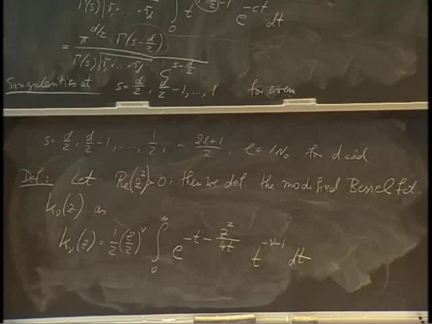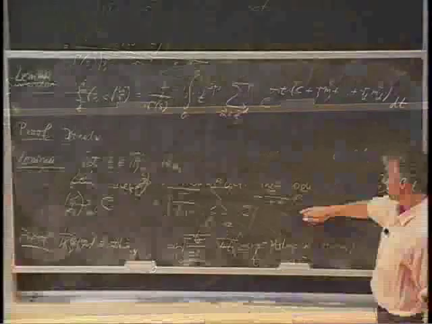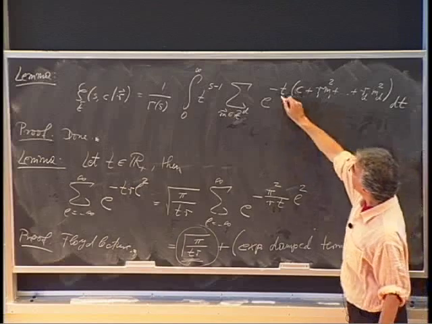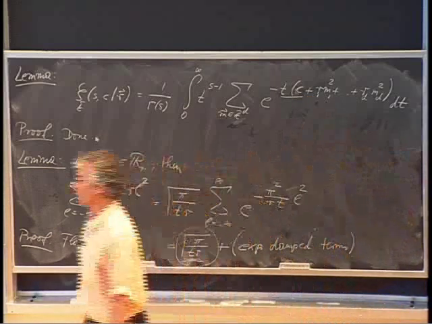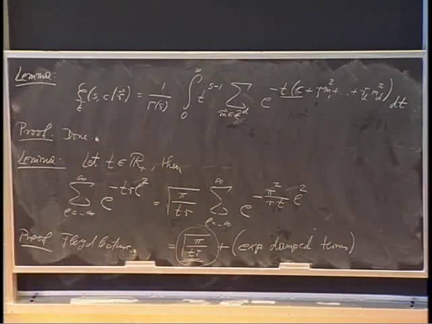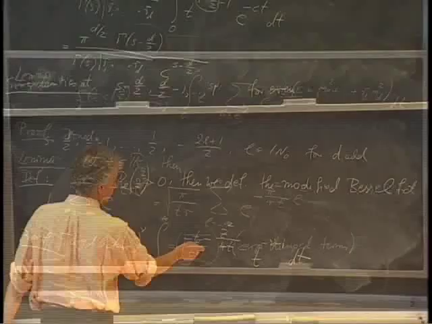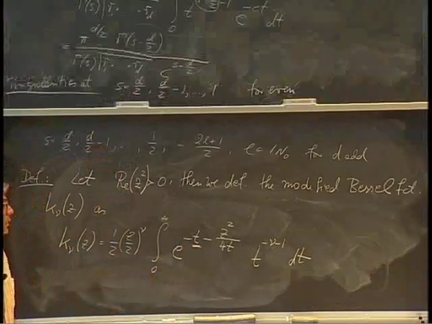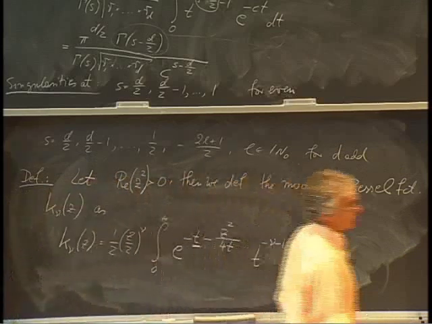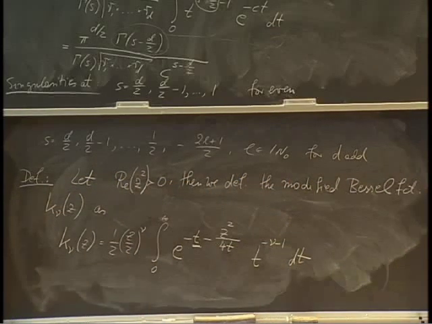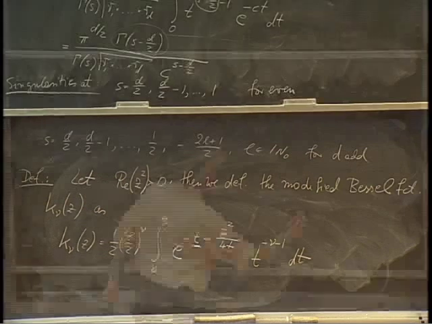Why is that relevant? Well, if you look at the resummed form, you have the factor e to the minus tc, which corresponds to this one here, once you substitute tc for t. And the 1 over t contribution comes from here.